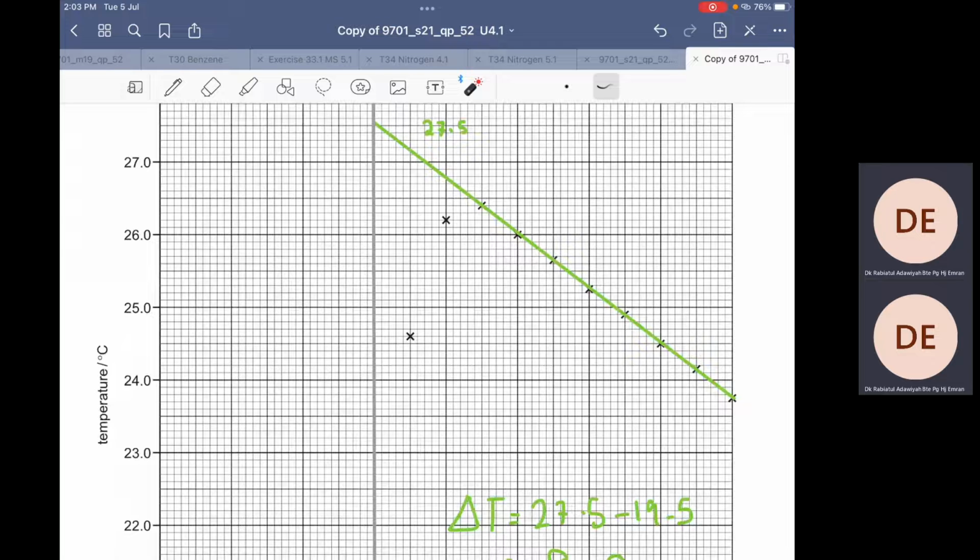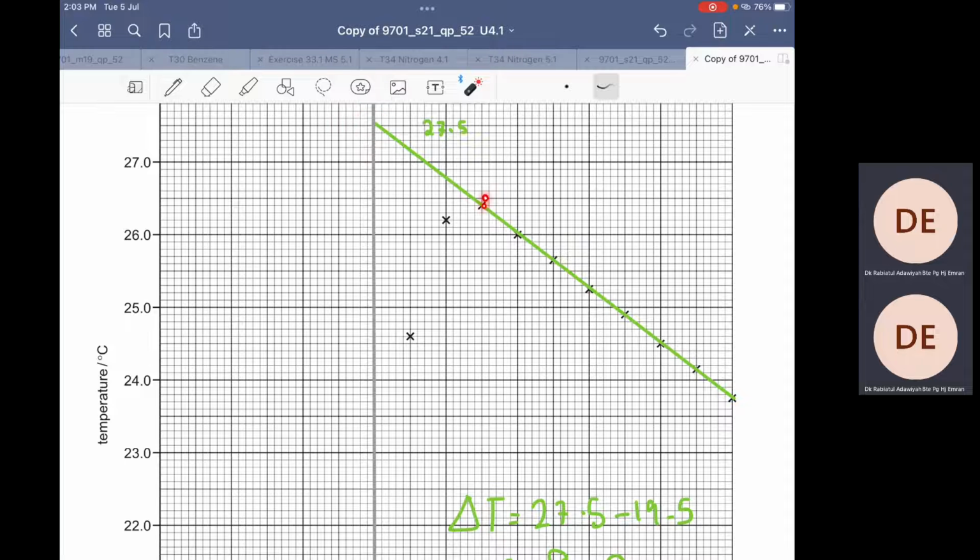So, based on our experiment, the highest temperature or the highest point is here at, I don't know, 26.4, yeah? Experimentally, the highest temperature is 26.4, but because of this extrapolation, my highest temperature is at the intersection.